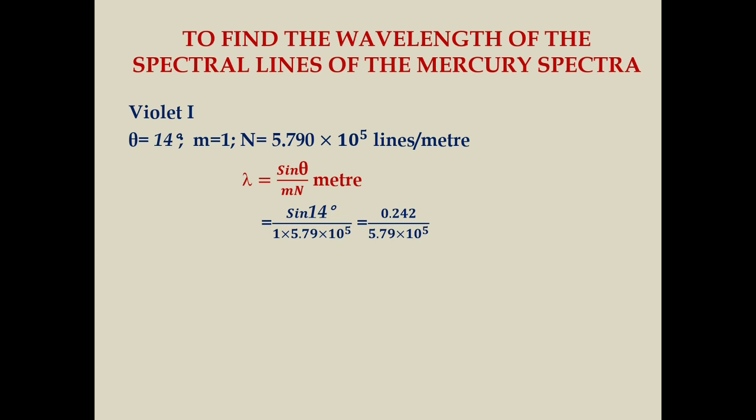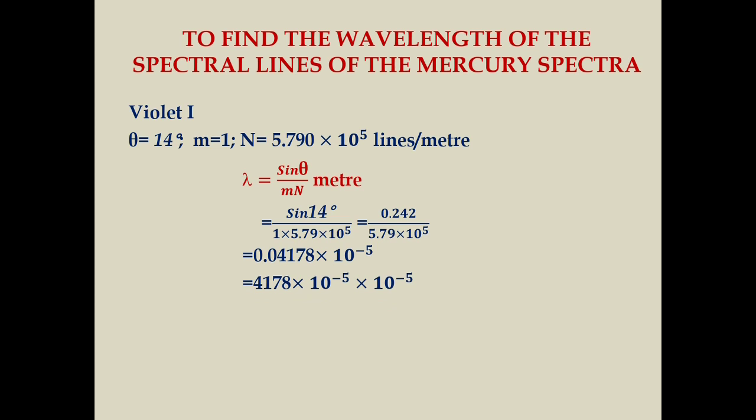Sine 14 degree is equal to 0.242 divided by 5.79 into 10 power 5. When you divide the numerator and the denominator, you will get 0.04178. And the 10 power plus 5 in the denominator, when it gets into the numerator, becomes 10 power minus 5. Now I want to make that decimal number into a whole number.